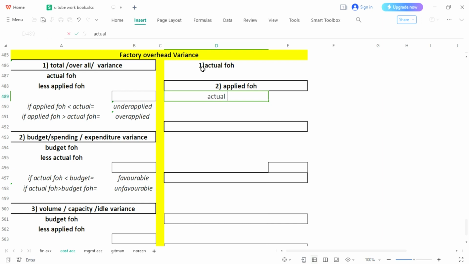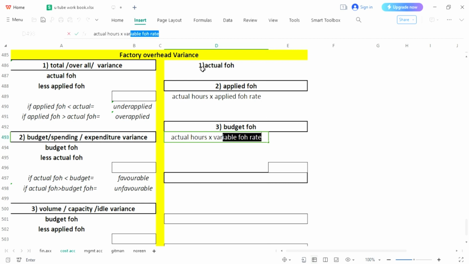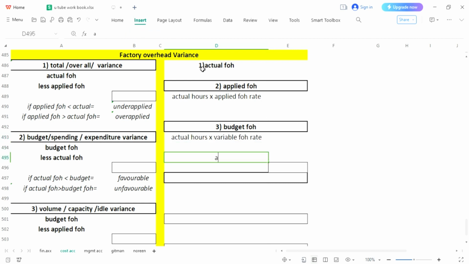For that we need actual hours, and it would be multiplied by the applied FOH rate. Then third, we need budget FOH, which is a two-line formula. Actual hours would be multiplied by the variable FOH rate, and then we will add fixed FOH. By adding these two elements, we will calculate our budget FOH.